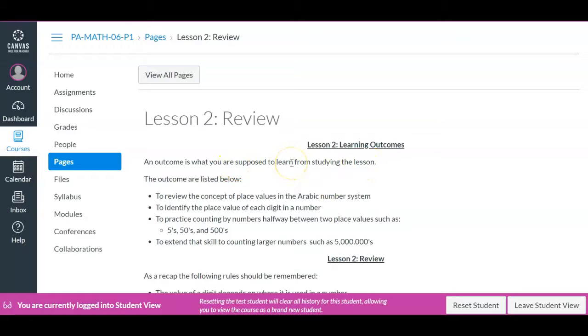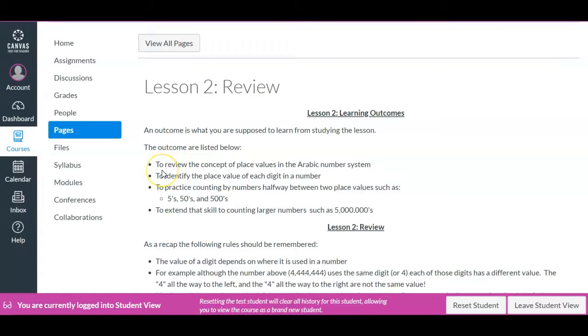So the learning outcomes, in other words, what you're supposed to learn in the lesson, are as follows. 1, you are to review the concept of place values in the Arabic number system, which is the number system we use, to identify the place value of each digit in a number, to practice counting by numbers halfway between 2 place values, such as 5s, 50s, and 500s, and to extend that skill to counting larger numbers such as 5 millions, and we were able to successfully do that.